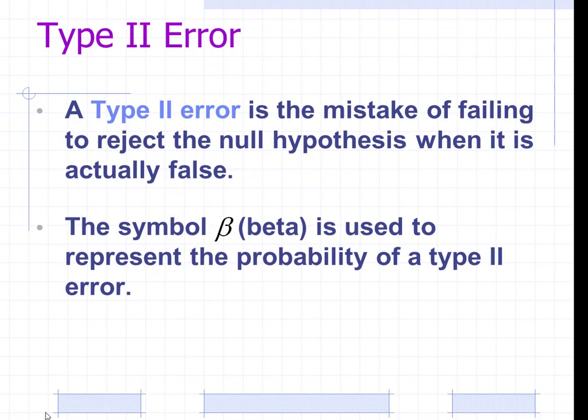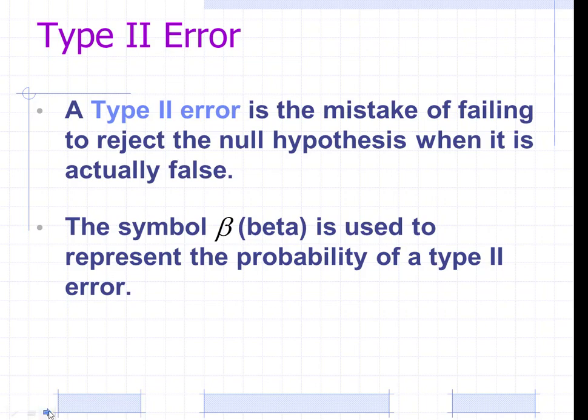A type 2 error is the mistake of failing to reject the null hypothesis when we should. And we use the symbol beta to represent a type 2 error. Now, if you are looking in your book, they go into power and all kinds of things that deal with beta.